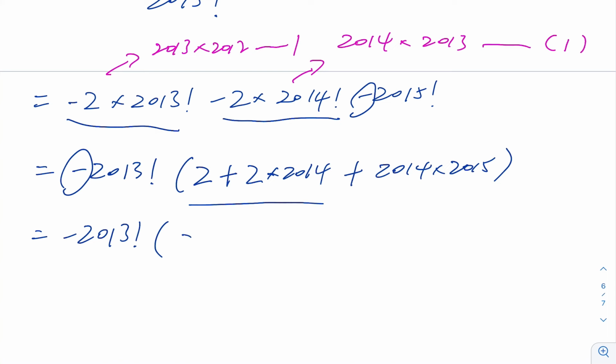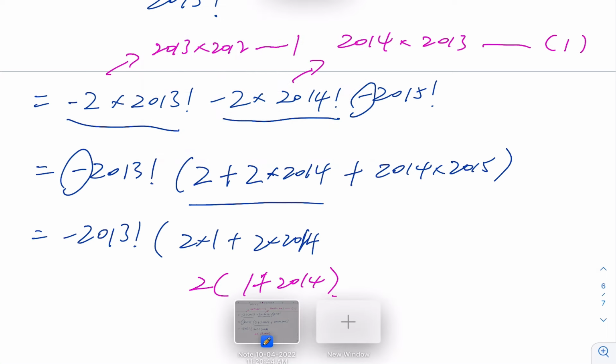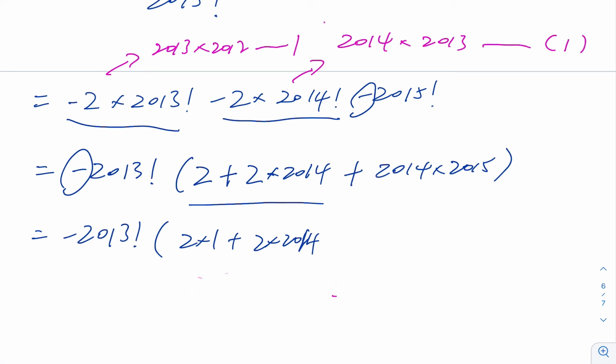What's this equal to? 2 times 1 plus 2 times 2014, which means that will be 2 times 2015, because I can just take this, right? Okay, just going to simplify that.